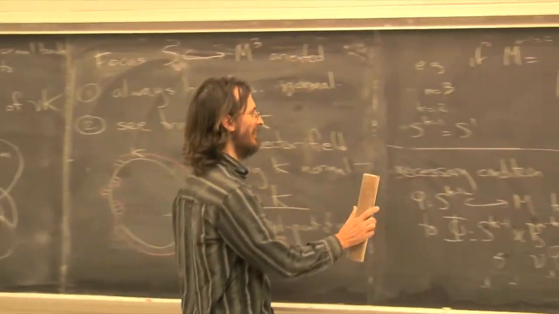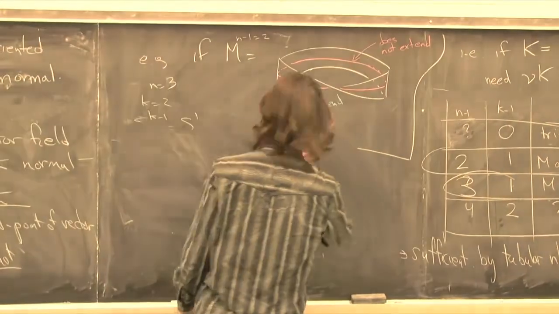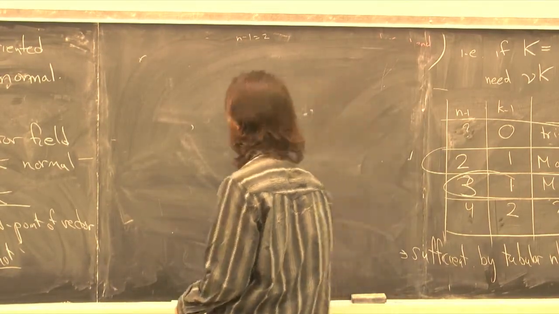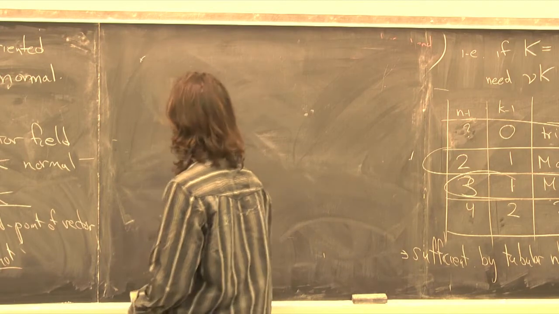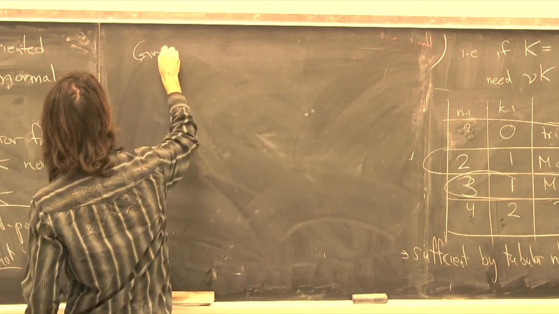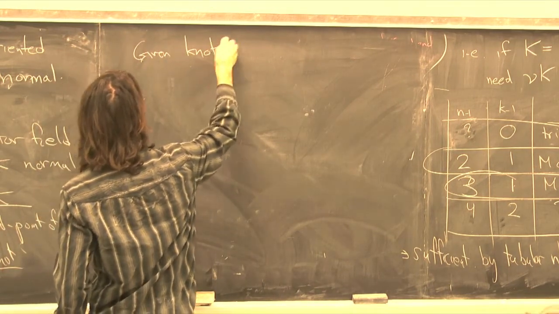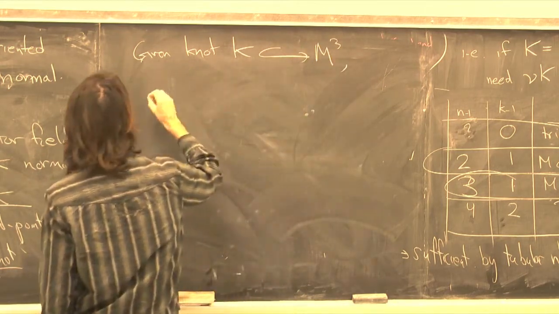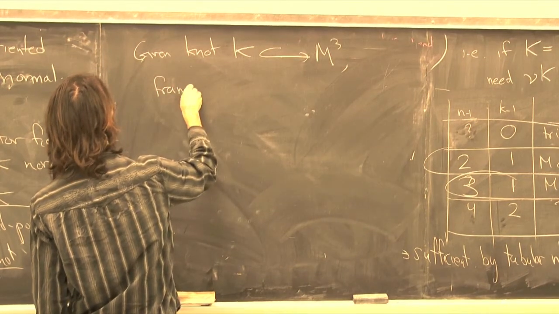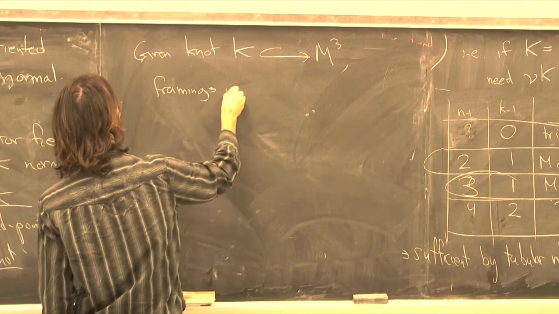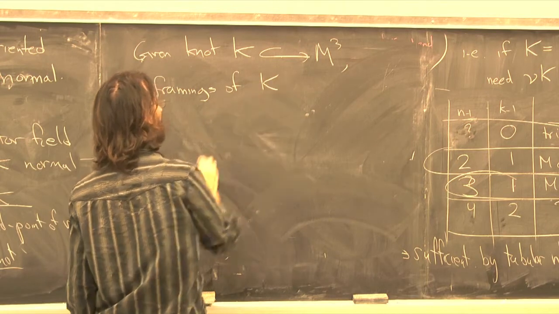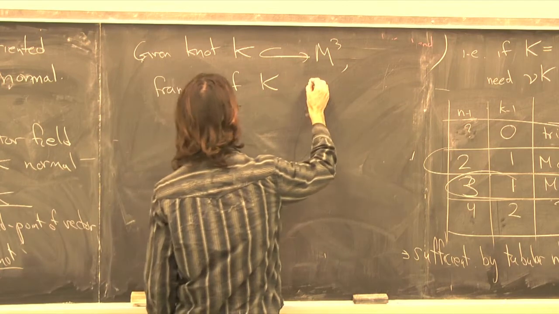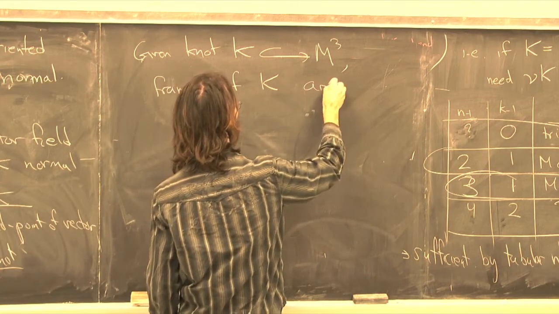But one thing you can say, and this is maybe in full generality, is that given a knot K inside a three-manifold, the framings of K are a torsor, thank you, that's the word I was looking for, a Z-torsor.